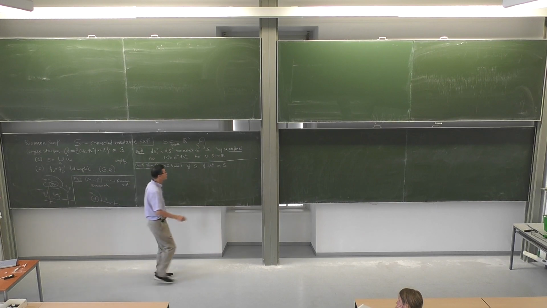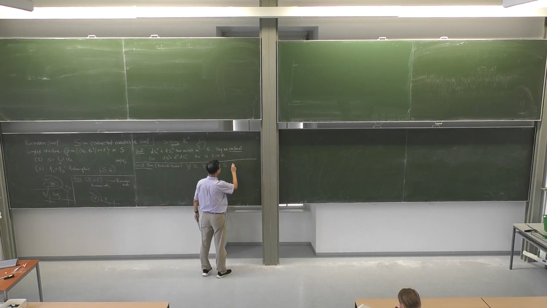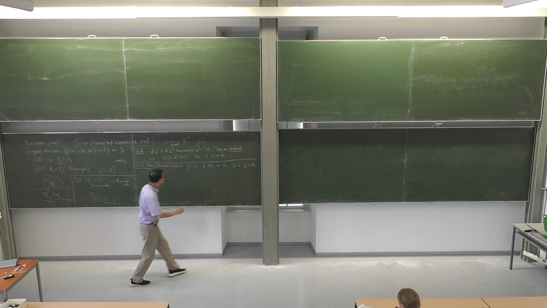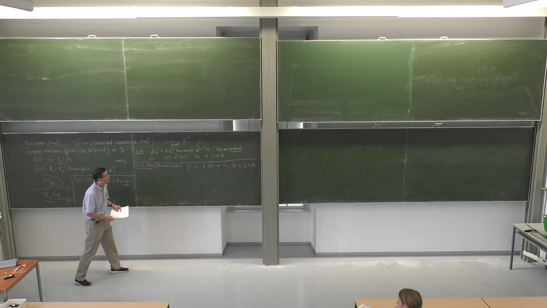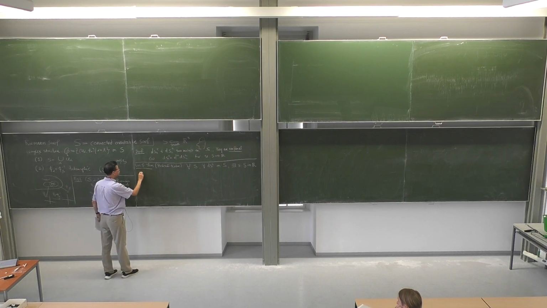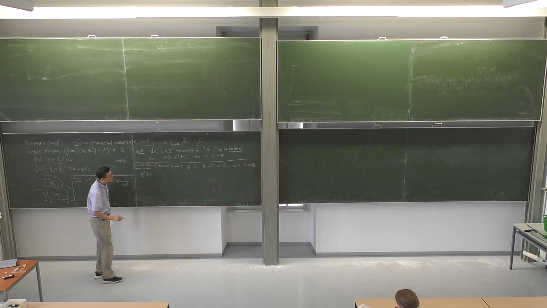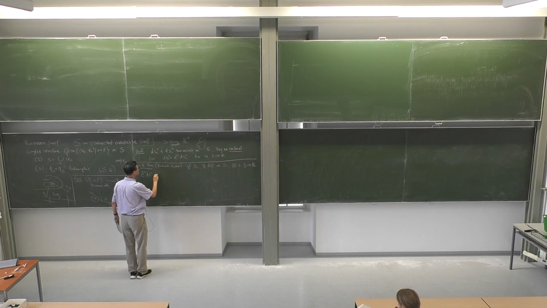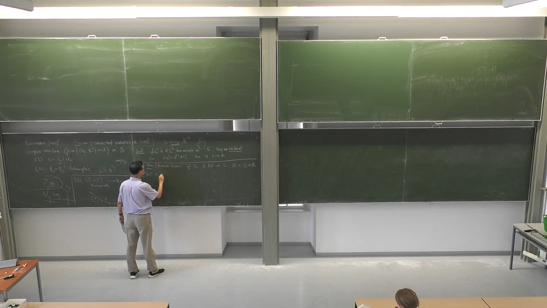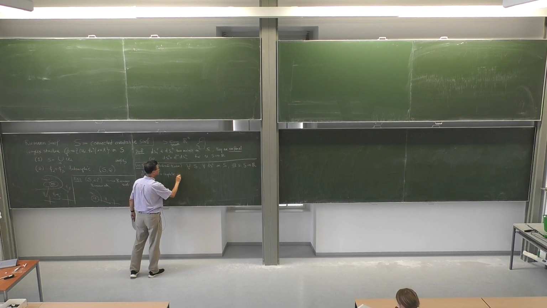Then you can find a conformal factor u on the surface such that after the conformal change of the metric, e to the 2u times the original metric, this is a complete metric of constant curvature.